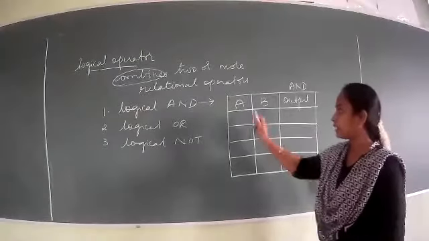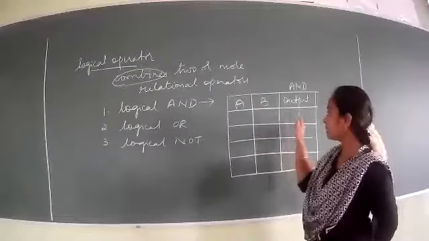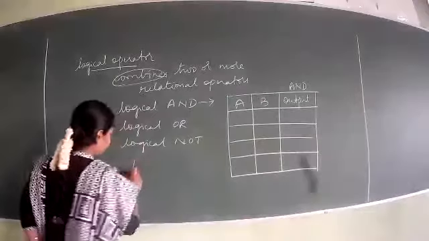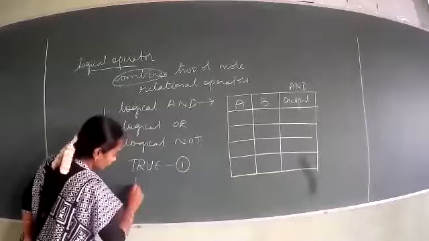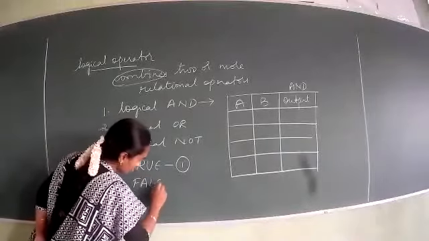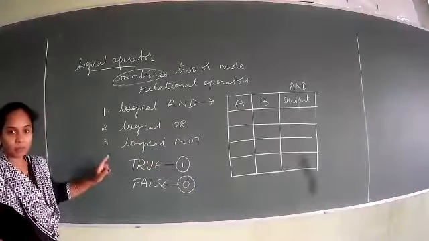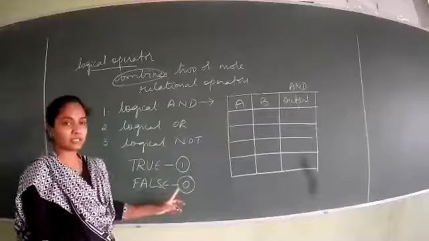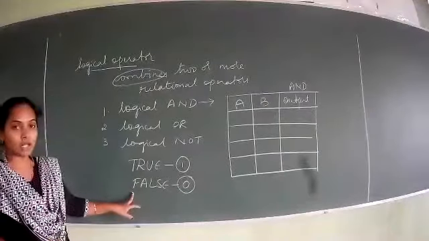Here I am taking the input as A and B. We are taking two inputs and we will be getting an output here. Remember that true is given with the value 1 and false is given with the value 0. The value of true is 1 and the value of false is 0.